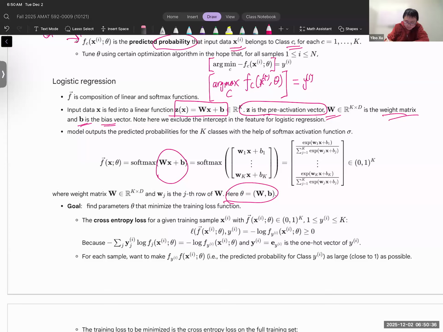Here, the vector yi is labeled as the one-hot vector of the class yi. This is the standard basis.